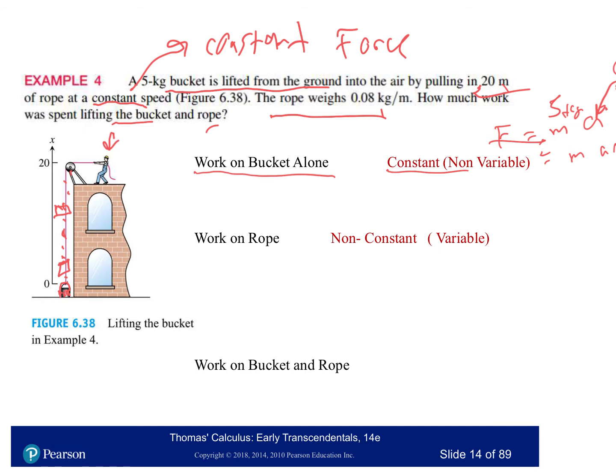So the work done just on the bucket, work done by the bucket is 5 kilograms times 9.8 meters per second squared. Now, in reality, this is my force times d. That per second squared doesn't really matter.